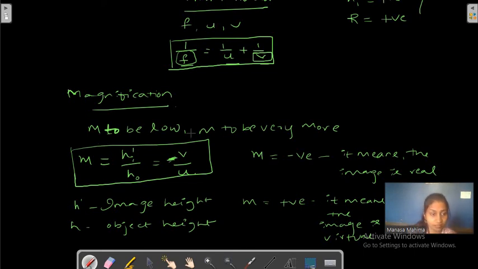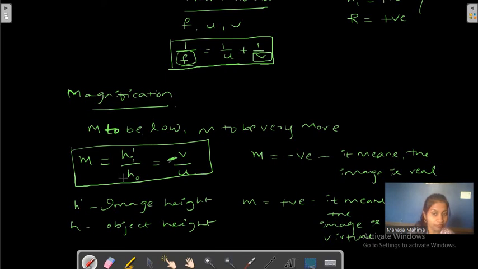Okay, this ends this video. In this video I taught you about sign conventions for both convex and concave mirrors, and I told the relation between the focal length and the object and image distance. And one more which I taught you is the magnification.